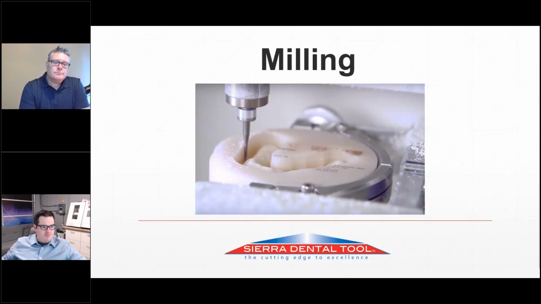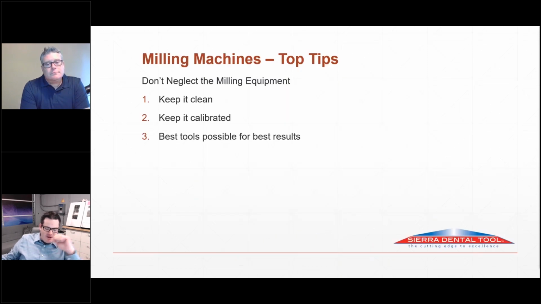So let's move into one of my favorite parts of the digital process, milling, which is kind of one of those things where you're sold a machine, and machines are wonderful pieces of technology. They're amazing, but they're not magic.